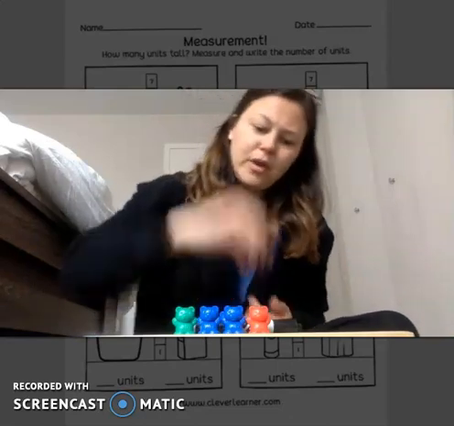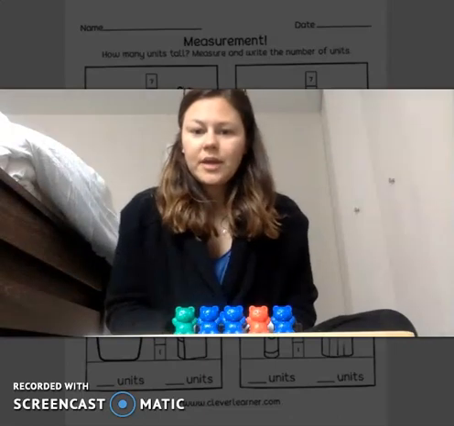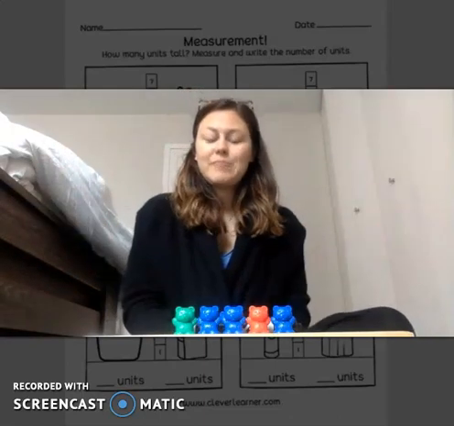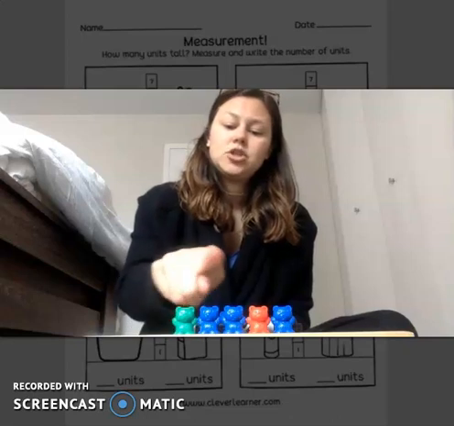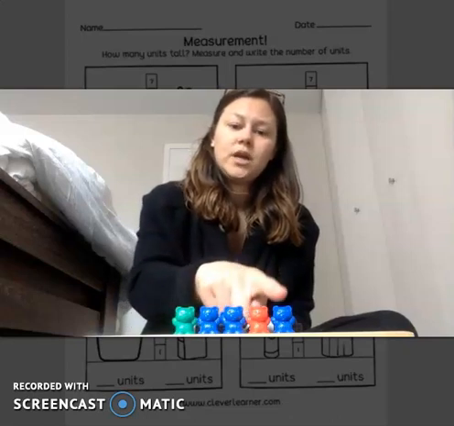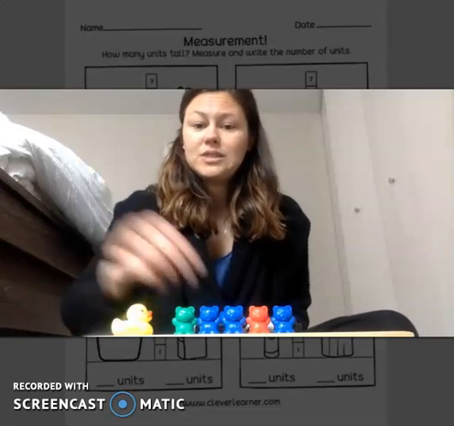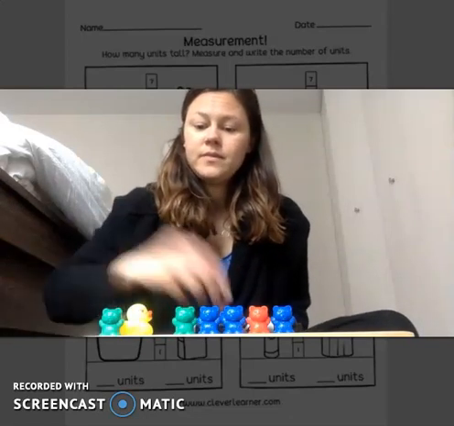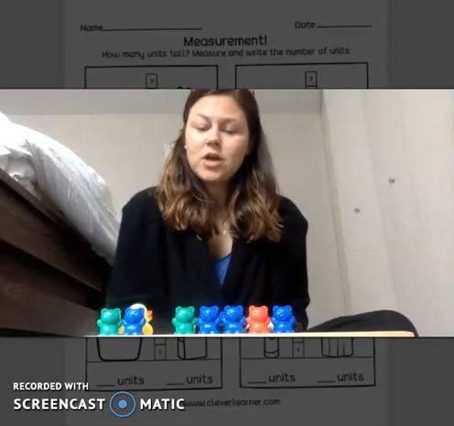Okay, I'll still keep going. So, there we go. Now I'm done. Let's count how many bears long my marker is. 1, 2, 3, 4, 5. 5 bears long. So my rubber duck was 2 bears. 1 and 2. And my marker is 5 bears long.